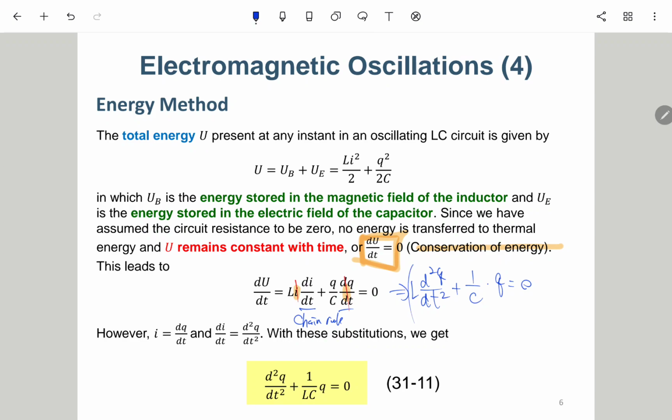Finally, we can just divide both sides by L. So we have the second derivative of q plus 1 over LC times q equals 0. So this is actually a second order constant coefficient ordinary differential equation.